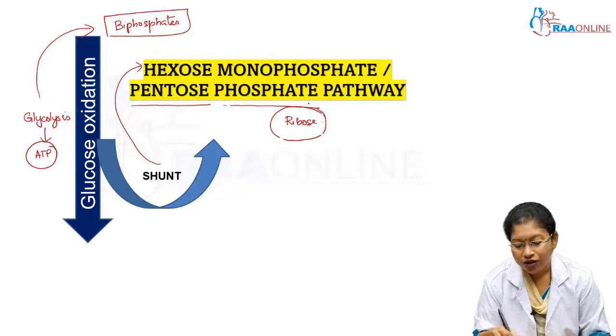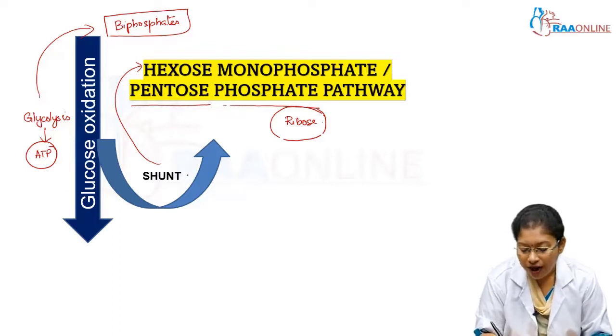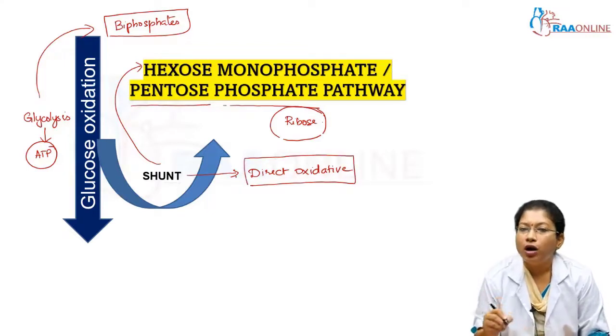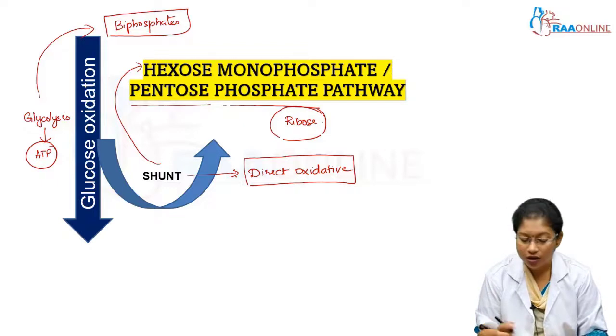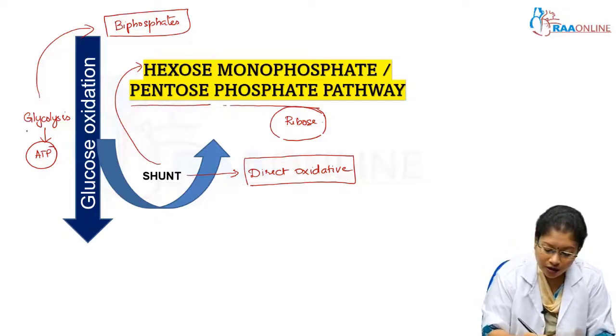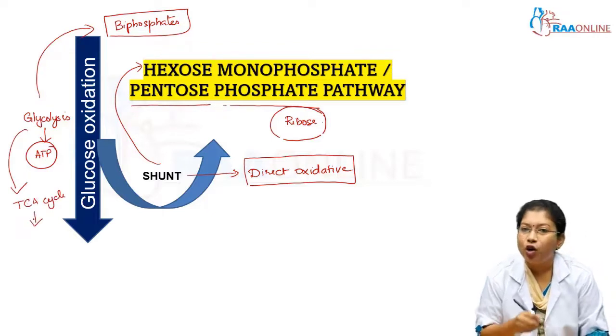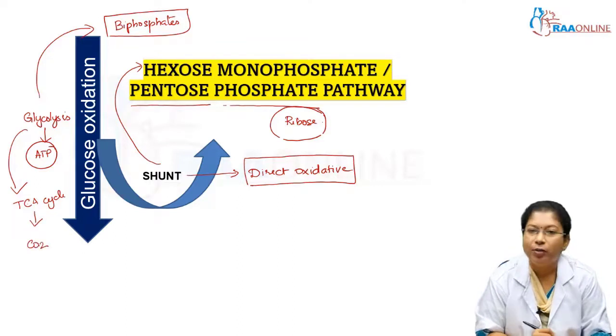Also, this shunt pathway can be named as direct oxidative pathway, because in glycolysis it won't give carbon dioxide. For carbon dioxide to be produced, glycolysis has to enter TCA cycle for complete oxidation to produce its carbon dioxide.